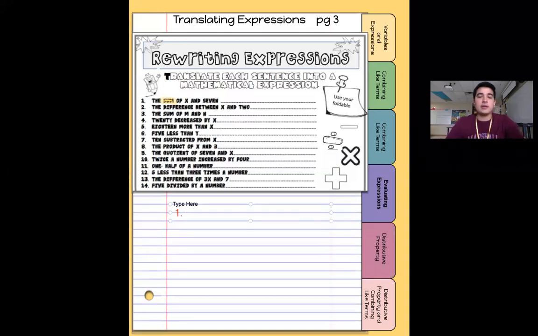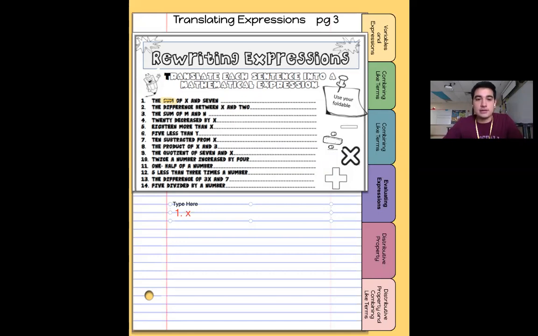Since it says sum, what does sum tell me to do? What operation am I going to use? Sum means addition. If you forget that, you can go back to the previous page where sum is a keyword for addition. Now we need to put in x and 7. Since x comes first, we're going to write x first.